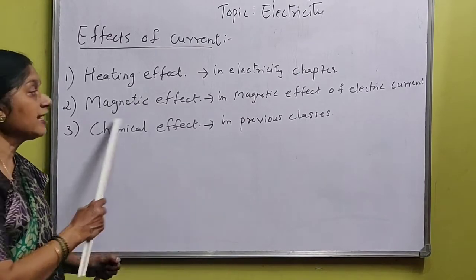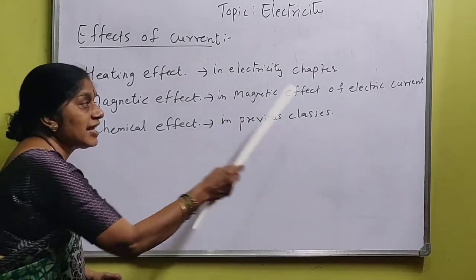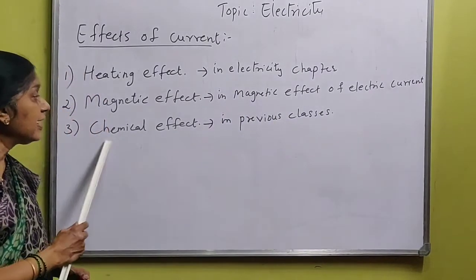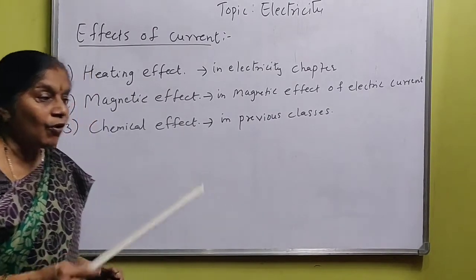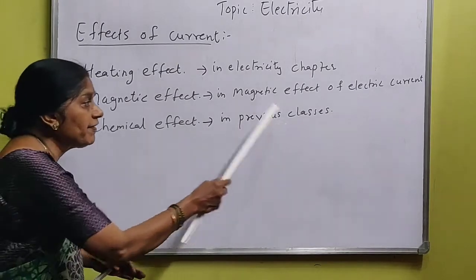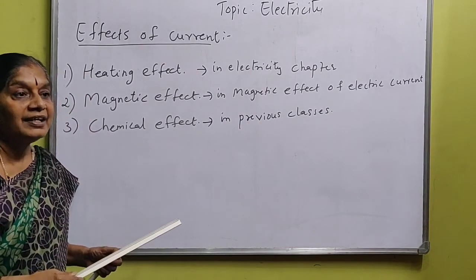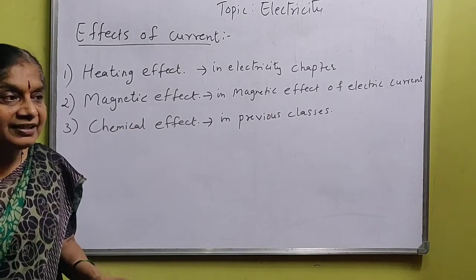That is the magnetic effect of electric current, which you are going to study in the next chapter in detail. Chemical effect: battery, cells, all these are there. They are the chemical effect of electric current, because cells and batteries are made up of chemicals.